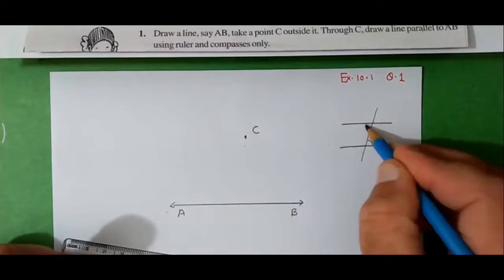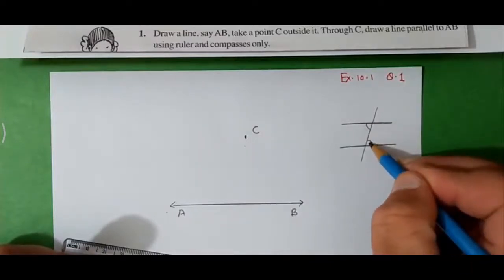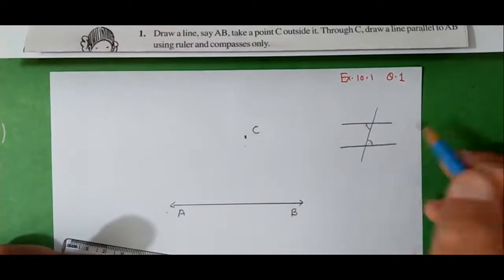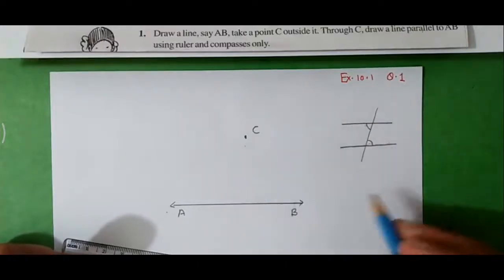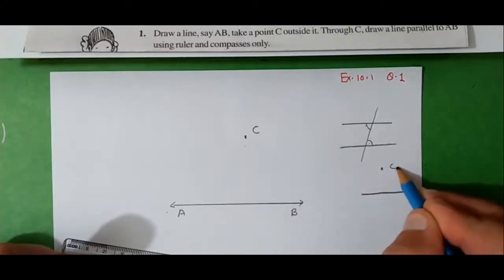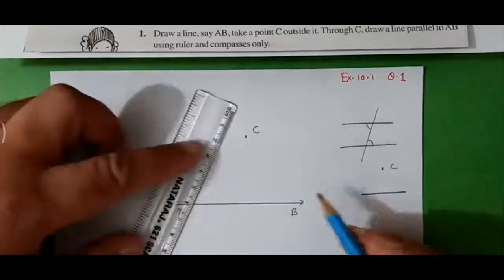These two angles we are required to draw and these two angles should be equal by alternate property, then the lines will be parallel. If we draw these alternate angles equal, then we can draw the lines parallel, otherwise not. So this is the figure.